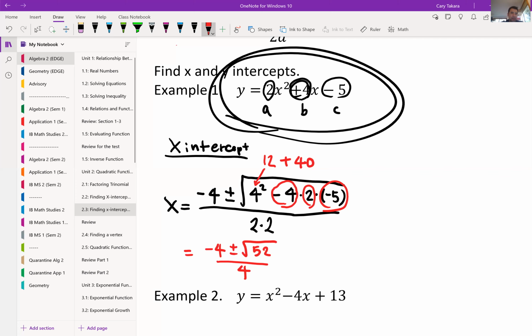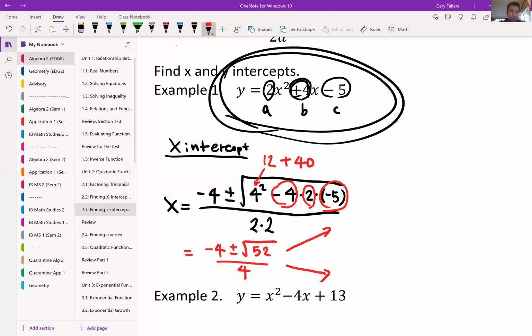Now, this is what I want you to do after this. Now, there will be 2 x-intercepts, right? Because a parabola can have 2 x-intercepts. And that's why there is the plus and minus sign there. So we're going to split.